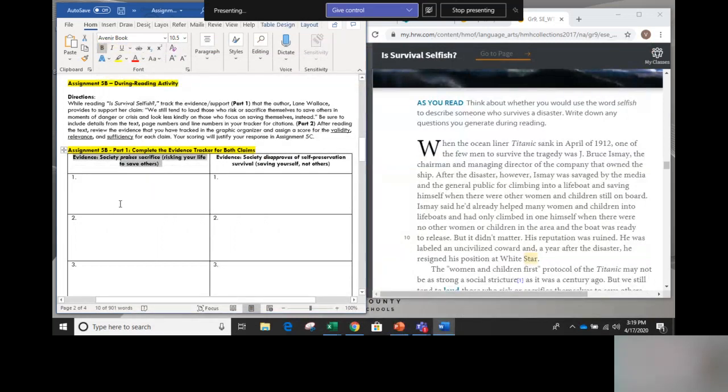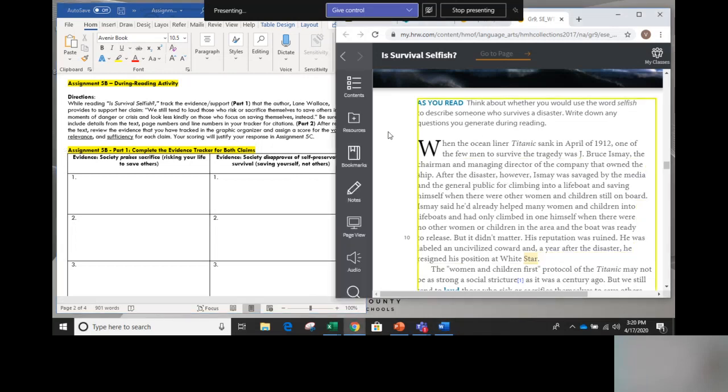We want to look for specific evidence that talks about that here. And then on this side, we want to find specific evidence that talks about how society disapproves of self-preservation, which is just saving yourself and not other people. Okay, so I'm just going to start reading. And as I'm reading, I'm going to be looking for these two pieces of evidence here.